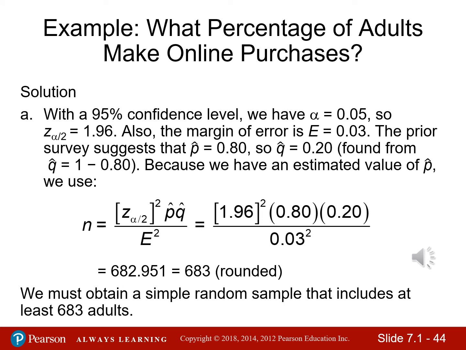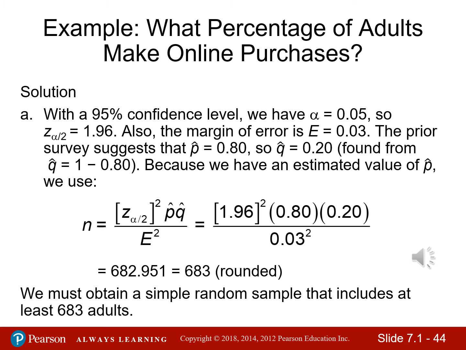Because we have an estimated value of p hat, we can use the formula n equals our critical value squared multiplied by p hat times q hat, divided by our margin of error squared. And so that gives us 1.96 squared multiplied by 0.8 times 0.2 divided by 0.03 squared.